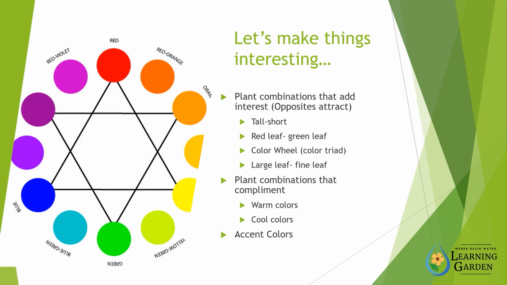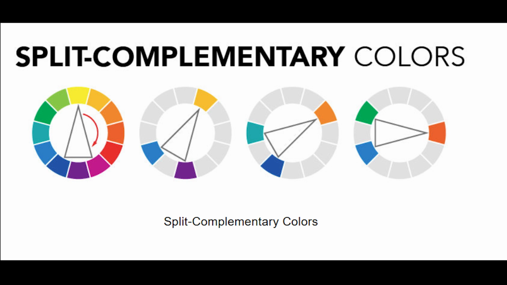One thing that I have done a lot is I've used what is called a color triad, where you take a set color like a red and you look at the complementary color that is opposite on the color wheel, and then you move one space to the right and one space to the left of that complementary color, and those are the colors that you use as your color combination.